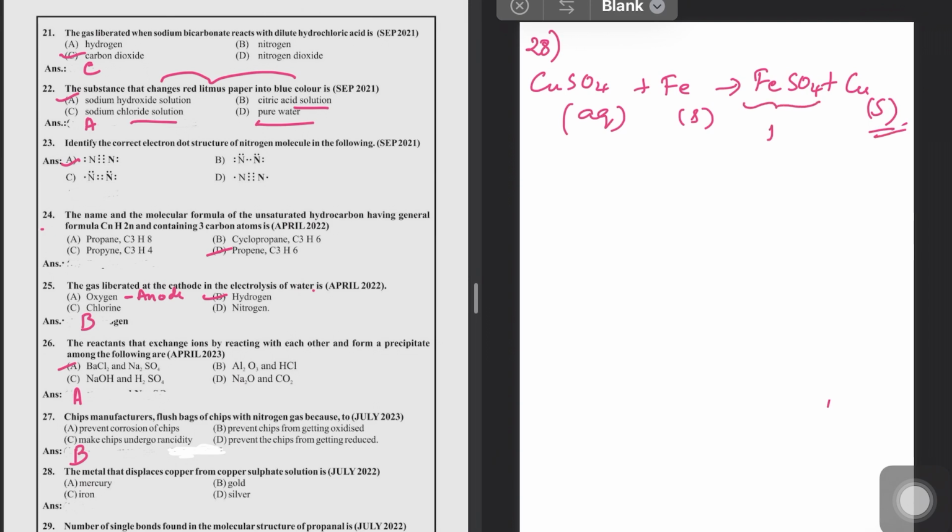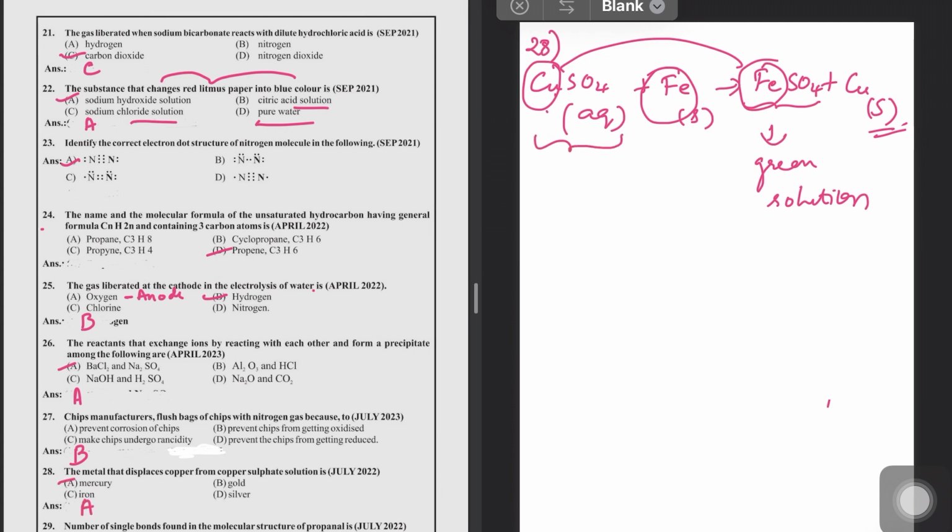Ferrous sulfate is a green color solution, where in place of copper we can see we have got iron, which means that copper has been displaced by iron in copper sulfate solution. Hence the correct answer is option A.